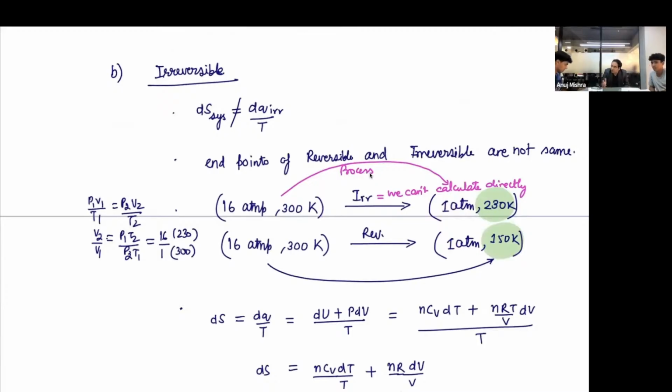So what is the answer? V2 by V1, so what is the answer? 16, nR ln 16, which is 4 ln 2. 4R ln 2. Very good.